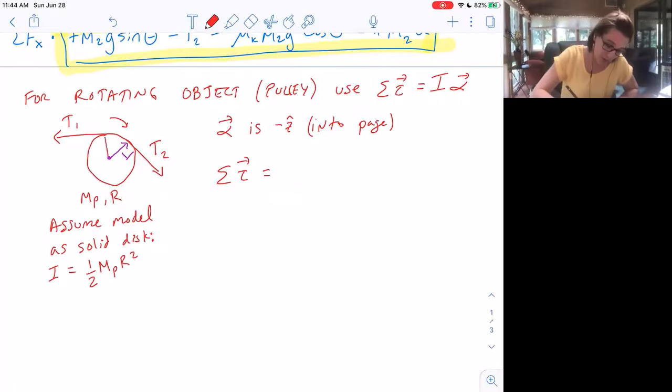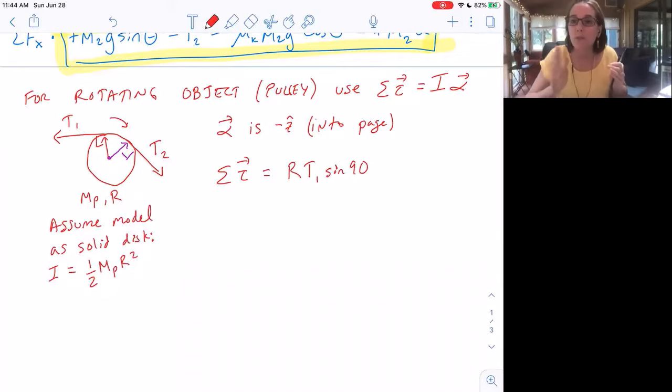So T1 would be here. I would have the magnitude of R, so I'm going to use R cross F. Magnitude of R is just capital R times the magnitude of the tension, T1, and then times the sine of the angle between them, so sine of 90, and then I have to decide if it's plus or minus.